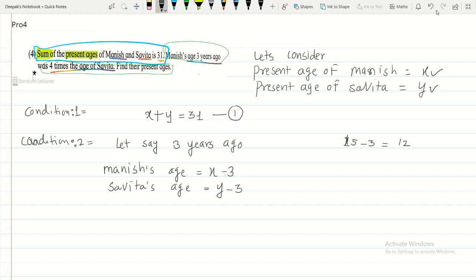But from condition 2, what exactly are we getting? In condition 2, Manish's age 3 years ago, so I am writing x minus 3, is Manish's age 3 years ago.